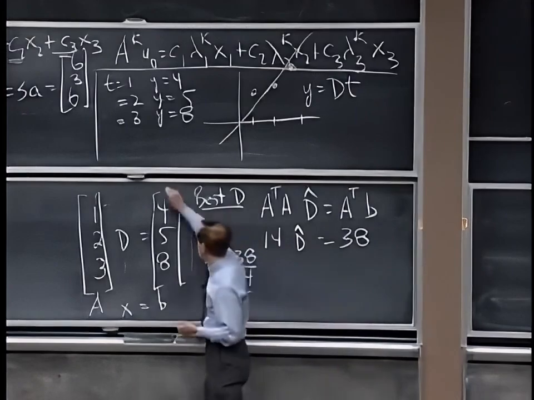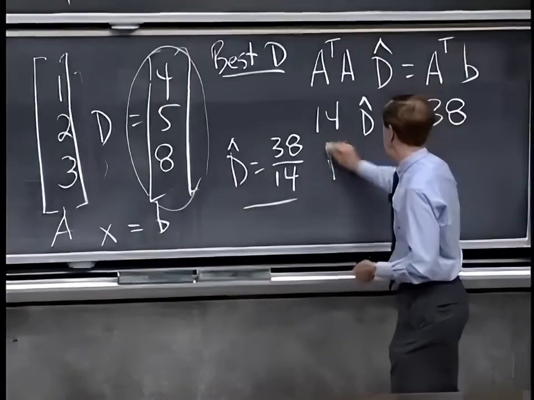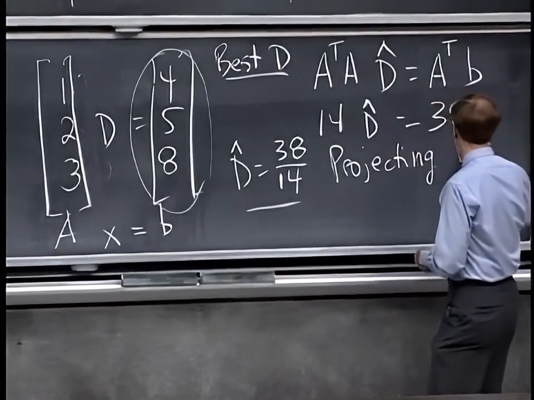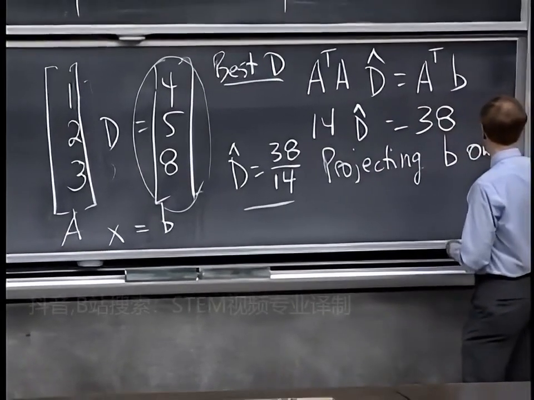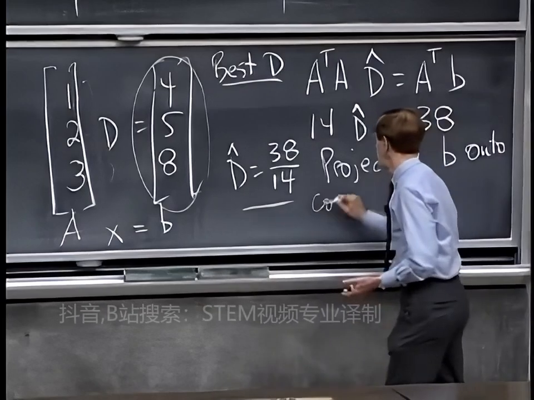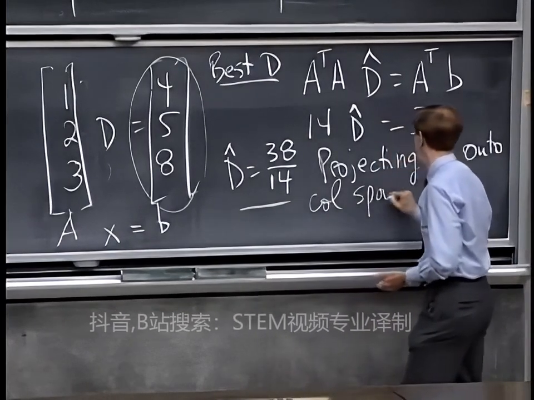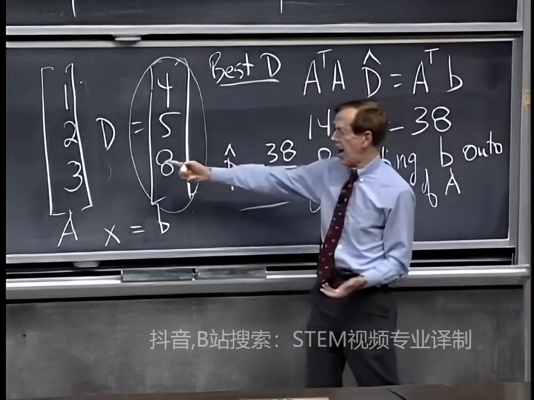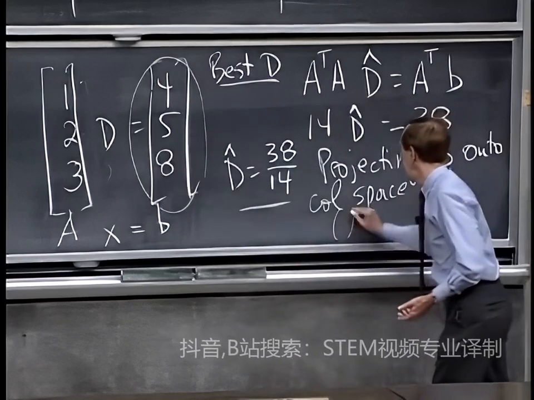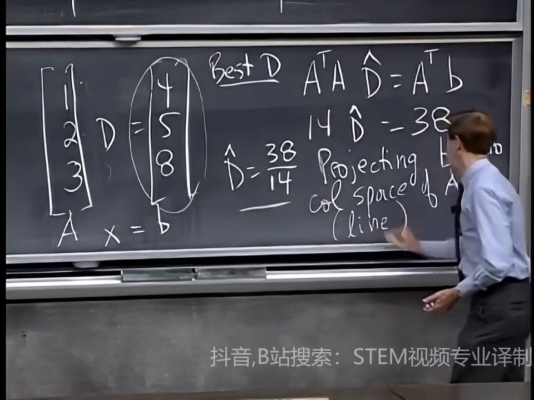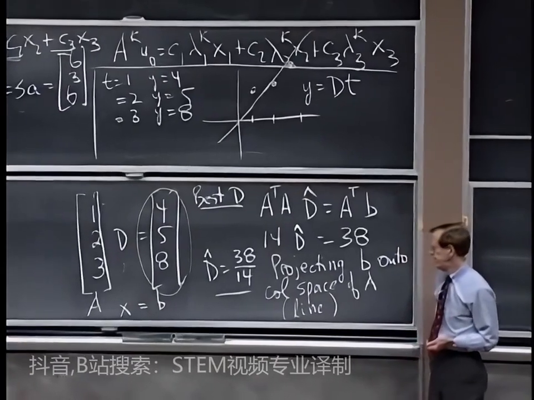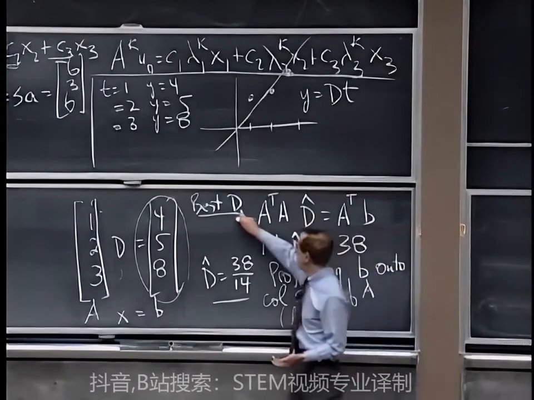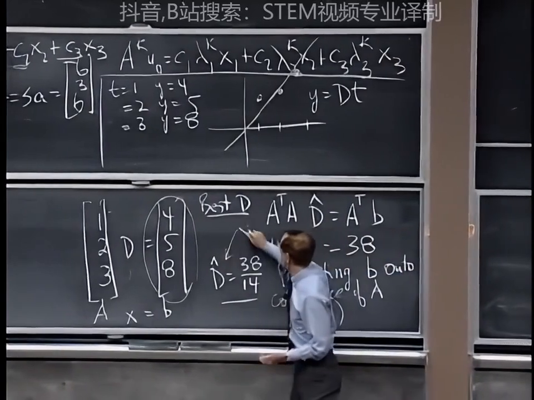So my second picture is a projection picture that sees the whole thing with vectors. Here's my vector, of course, that I'm projecting. I'm projecting that vector b onto the column space of A. Or if you like, it's just a line. It's just a line, of course. That's what this calculation is doing. This is computing the best d, which is the x hat.